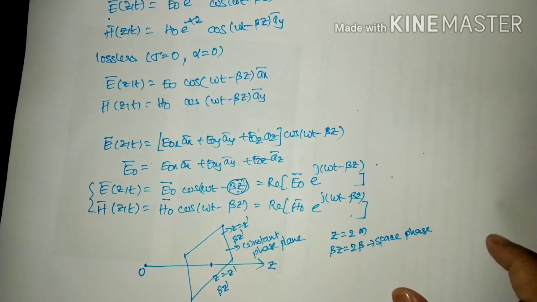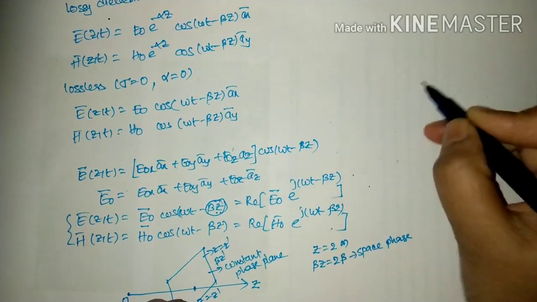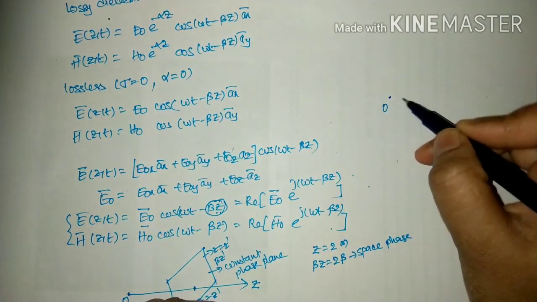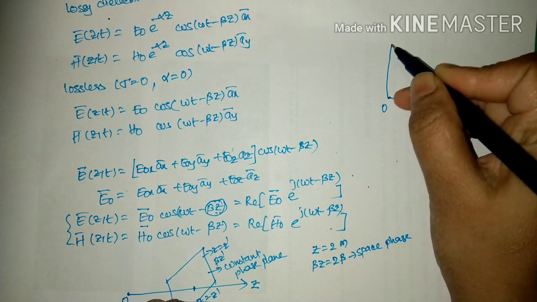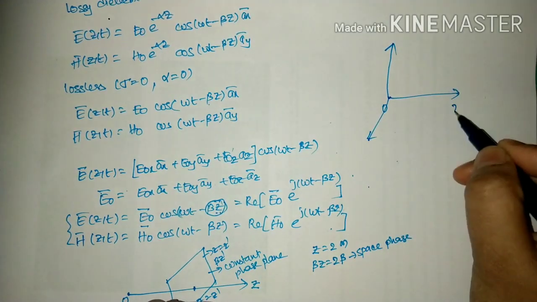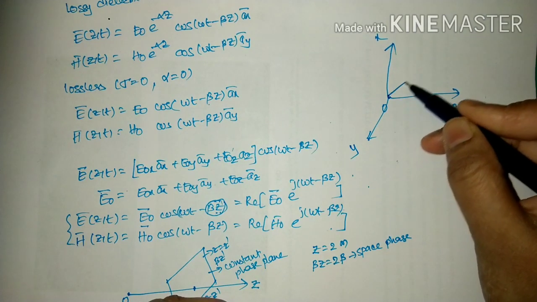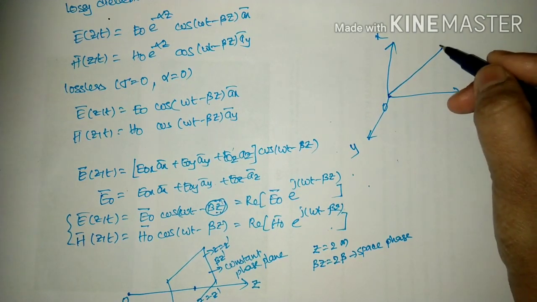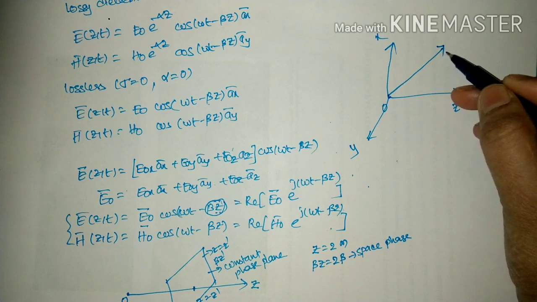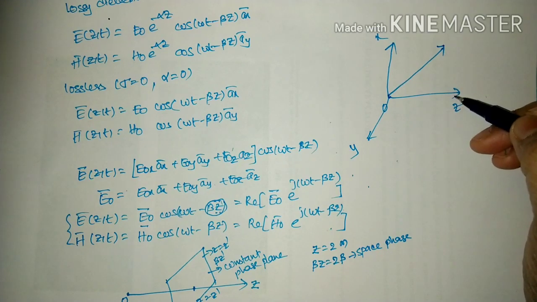For example, if this is the origin, and the wave is not propagating along the z direction but in some arbitrary direction, let this be the direction of the electromagnetic wave.